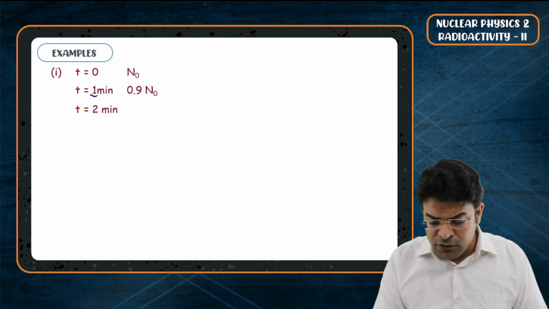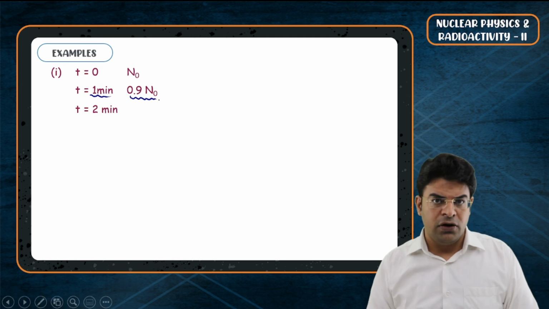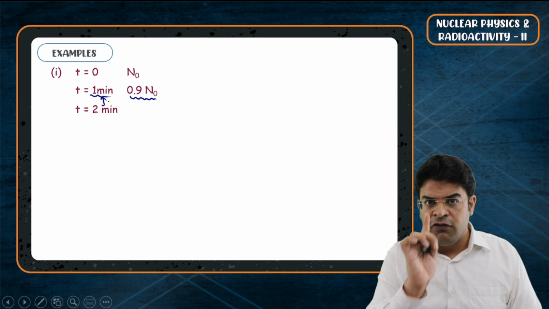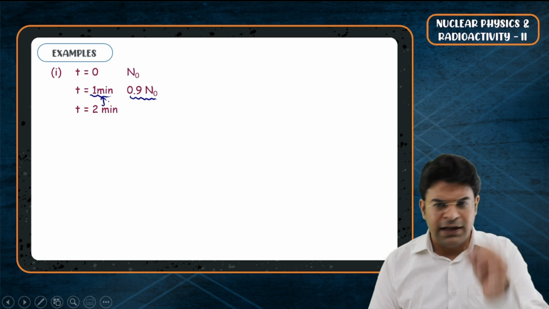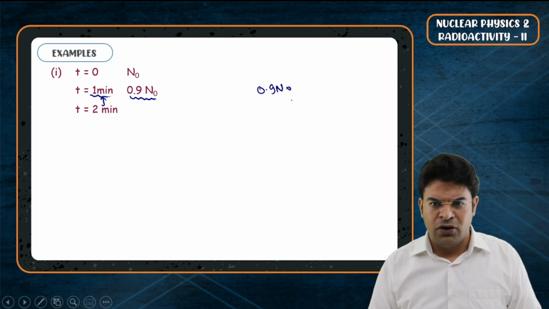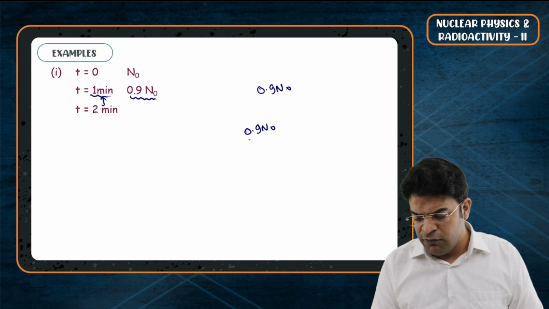So if at time equals 1 minute you have 0.9 N naught, in the next 1 minute time frame, 1/10 of this will decay. And what is 1/10 of 0.9 N naught? Sir, 1/10 of 0.9 N naught is 0.9 N naught divided by 10, that equals 0.09 N naught.